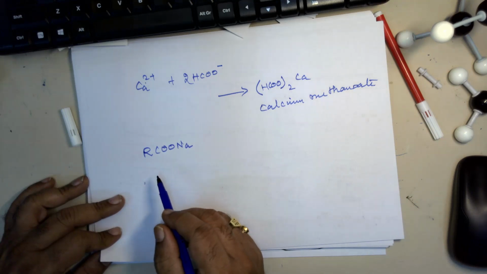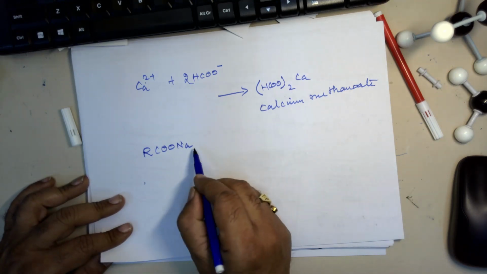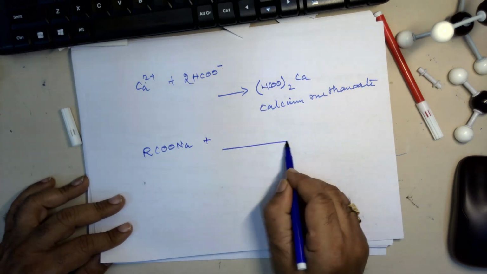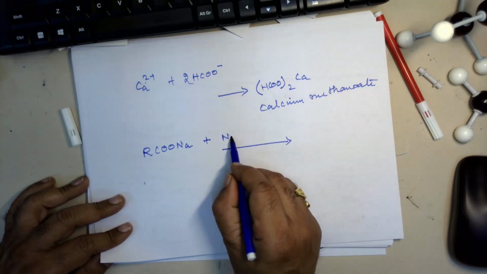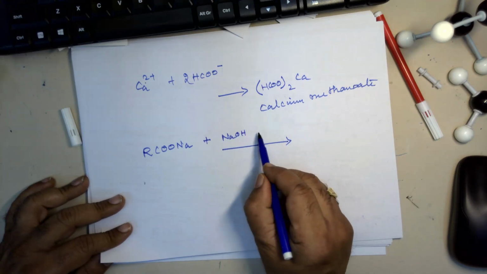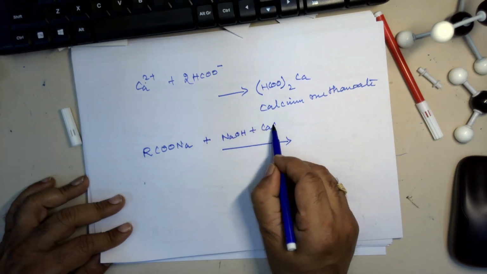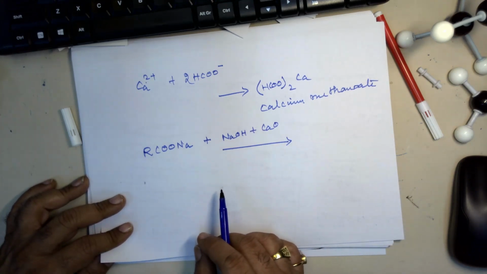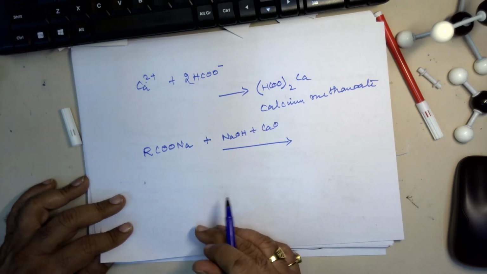Write down RCOONa. When it is treated with soda lime. Soda lime is a combination of NaOH and calcium oxide. So in presence of calcium oxide, this reaction takes place.